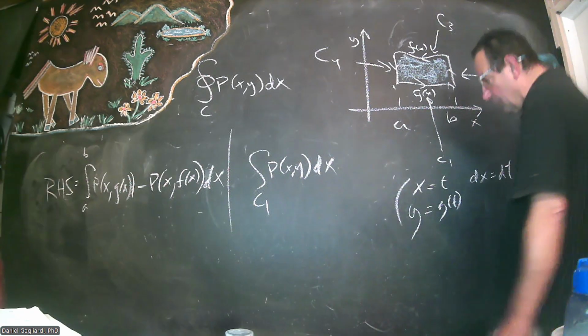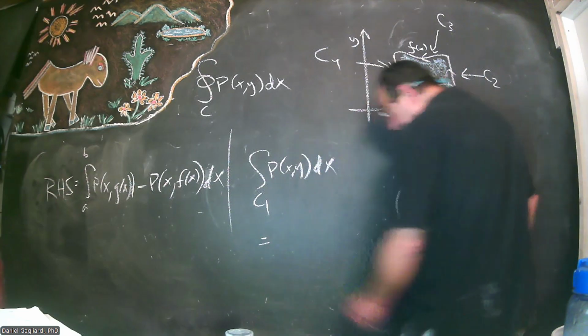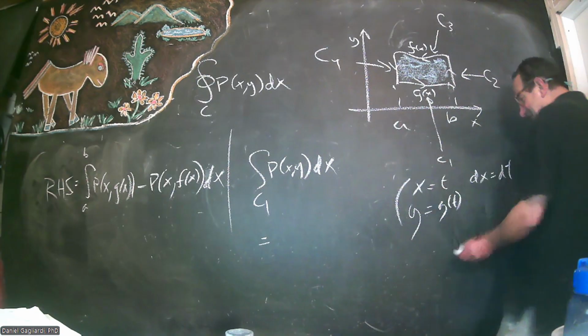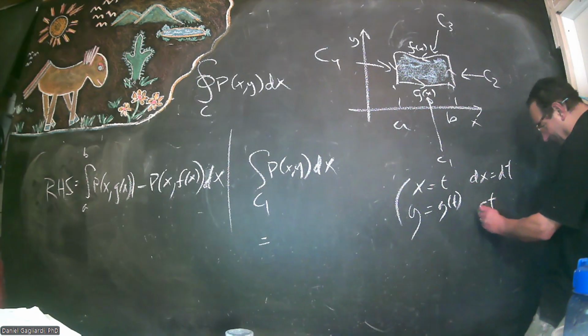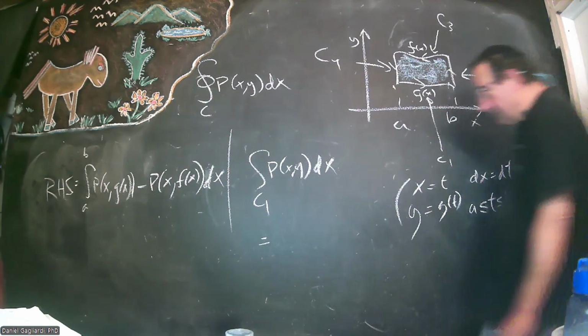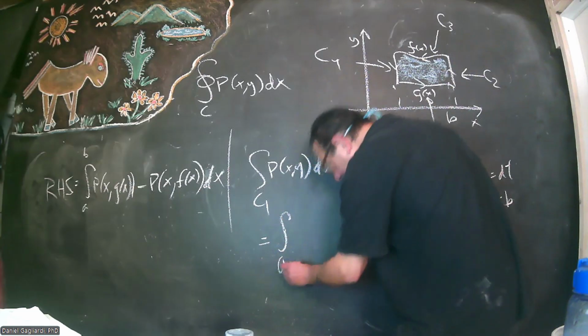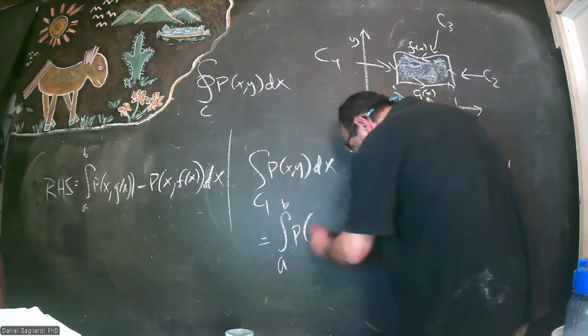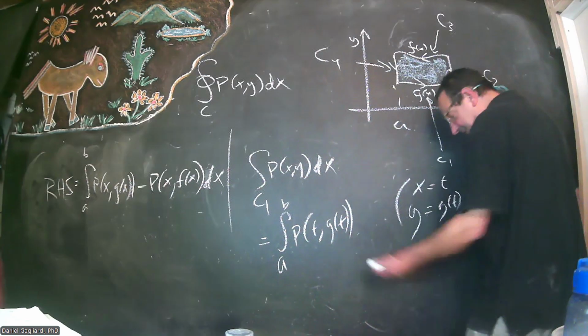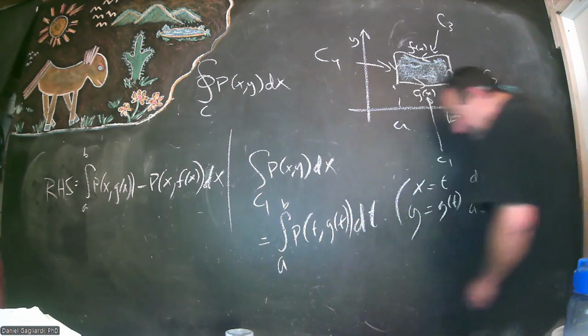So along C1, we just have the integral. If x is equal to t, then t is going to go from a to b. So we have the integral from a to b of P of t, g of t, and because x is t, dt is dx.